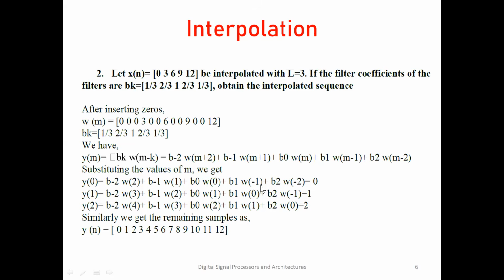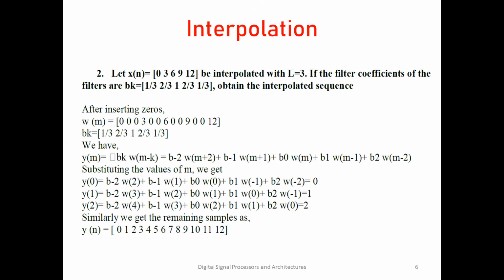The original sequence X of N consists of 5 samples, whereas the output of the interpolation process, the interpolated sequence, has 13 samples in total. So we have increased the sampling rate of the sequence using the interpolation process.